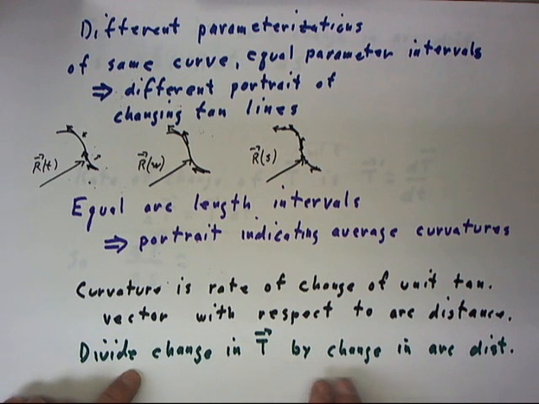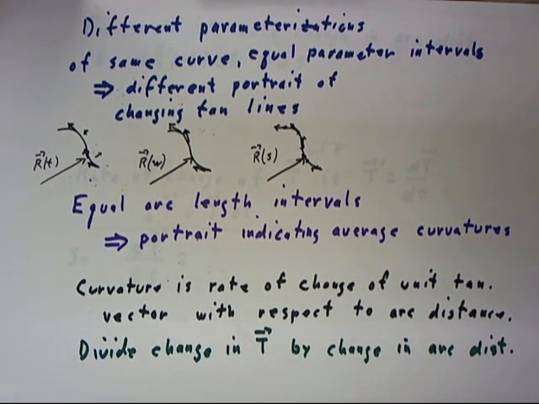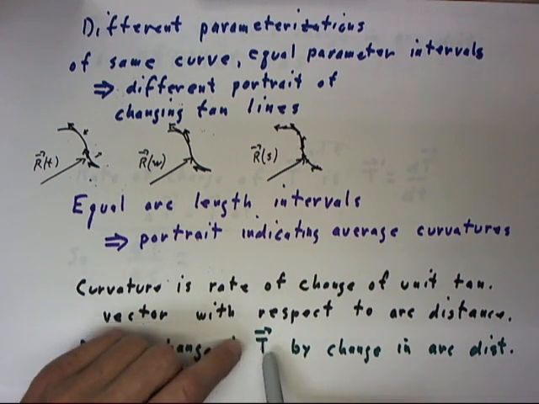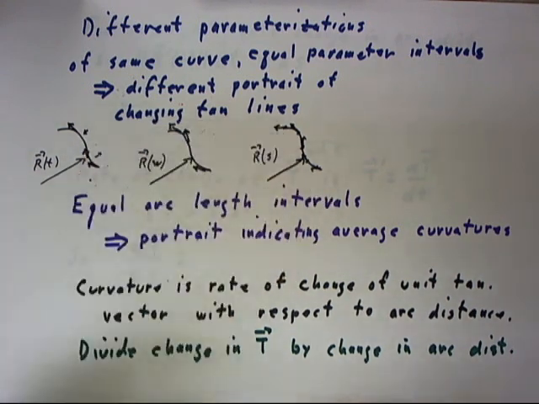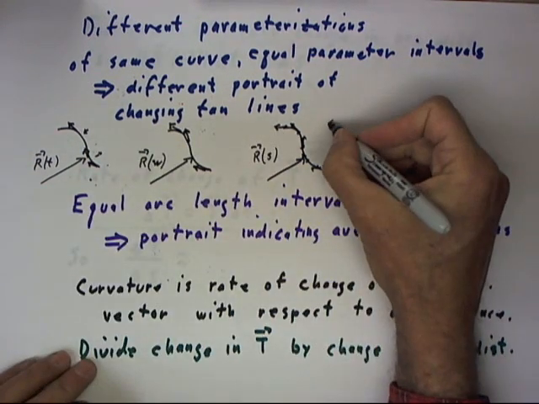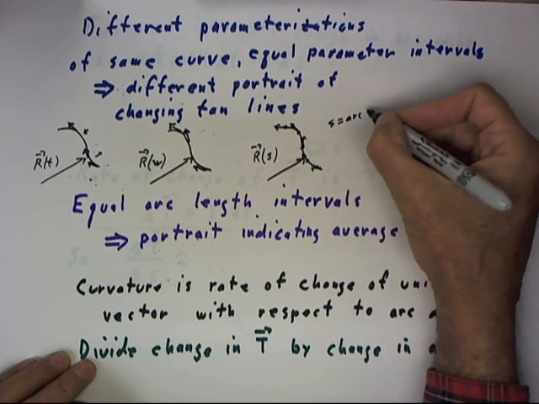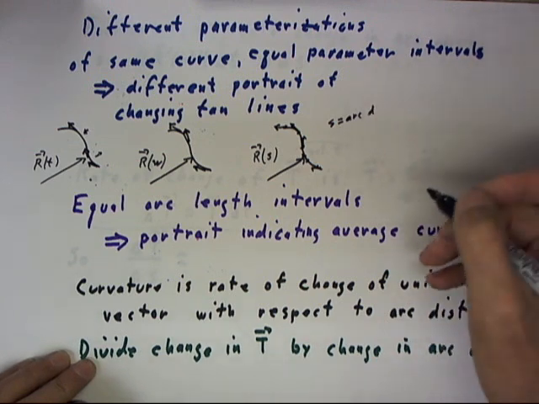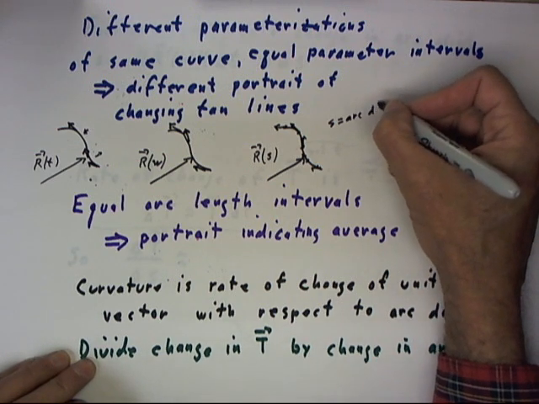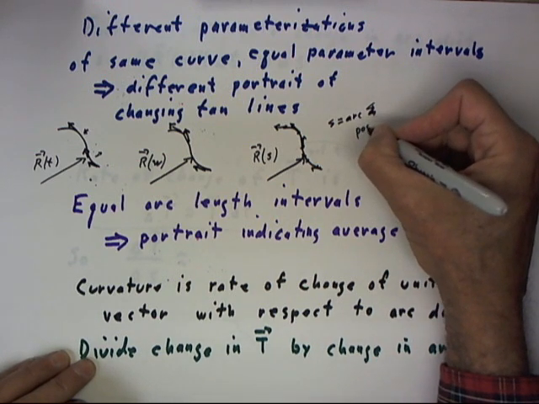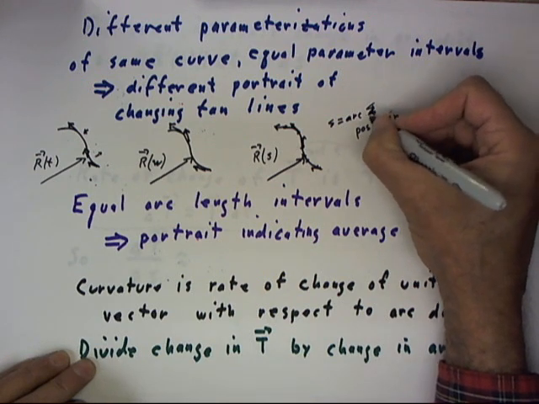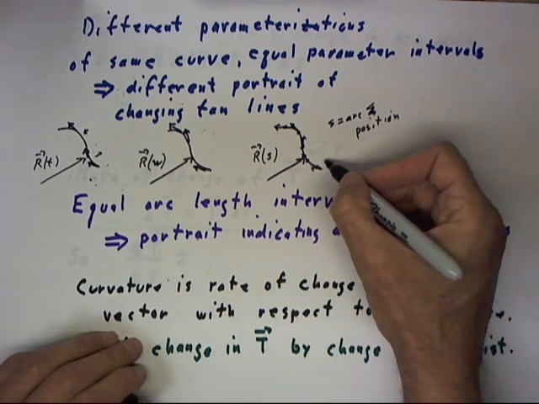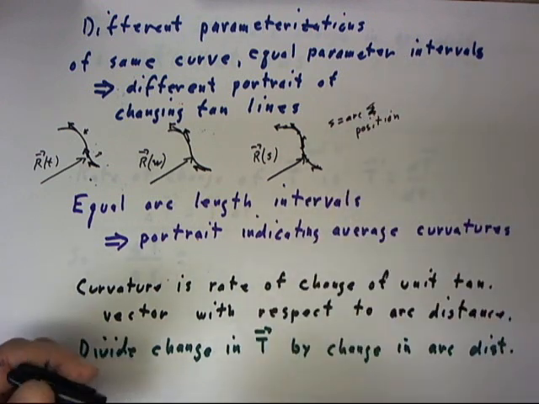So we're going to divide the change in T by the change in arc distance, and that's going to be a derivative of T with respect to s, where s is arc position, and a distance being a change between two arc positions.